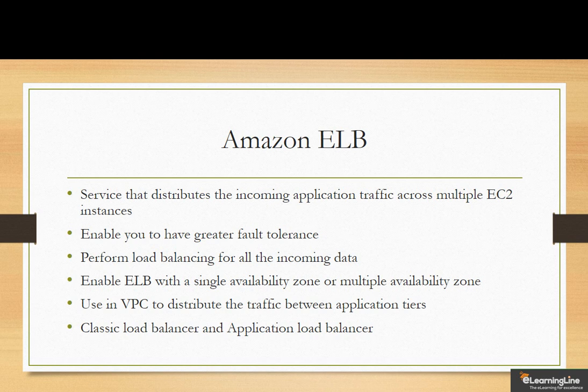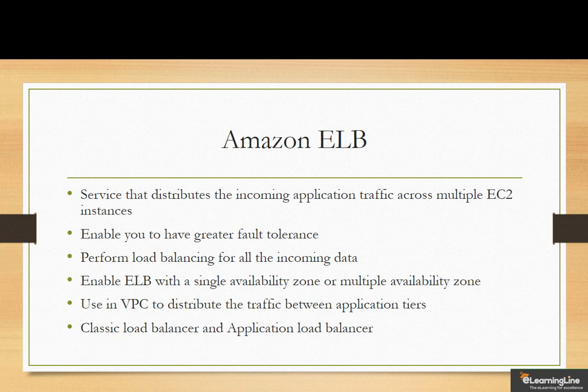The application load balancer is a load balancing option that comes with elastic load balancing that operates at the application layer and allows you to define routing rules based on the content across multiple services or containers running on one or more Amazon EC2 instances, right?